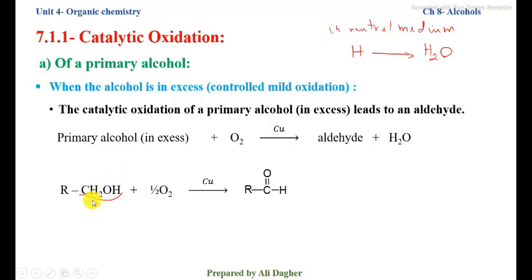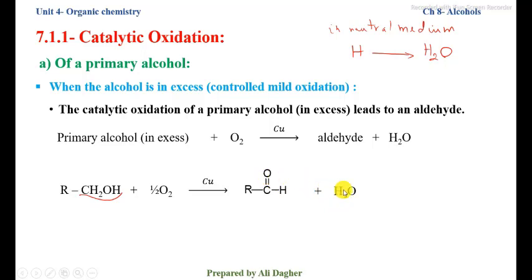We have in the reactants 2 plus 1, 3 hydrogen. In the product we have 1 hydrogen, then we add H2O to have 3 hydrogen in the product to balance hydrogen atoms.